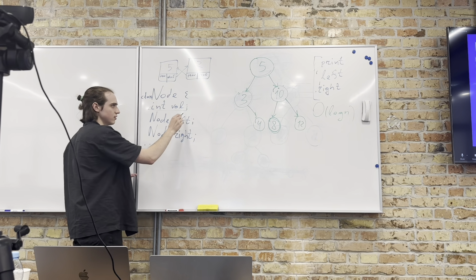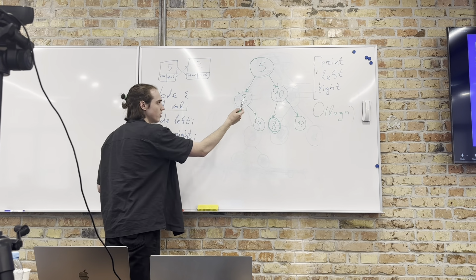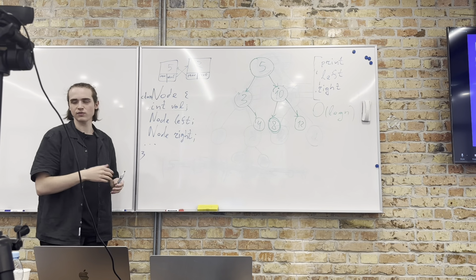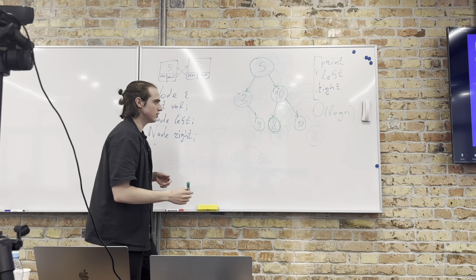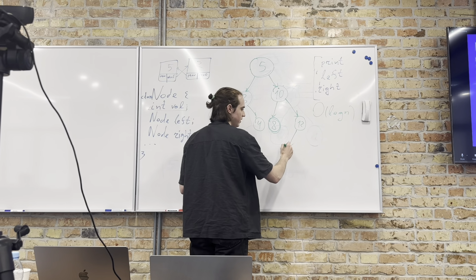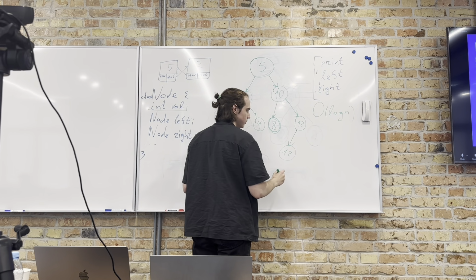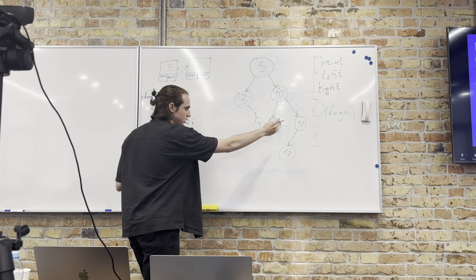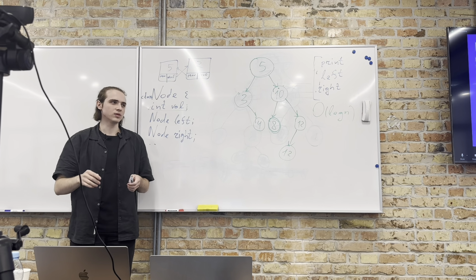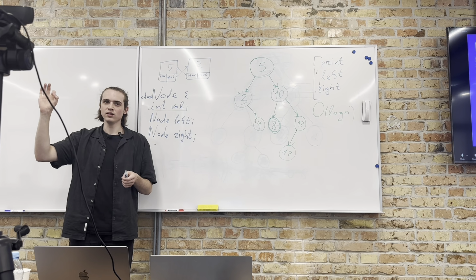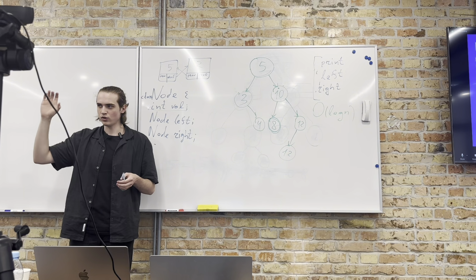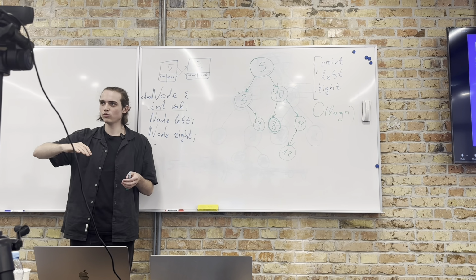If in our node we have other information besides the key we store, then we can decide for ourselves. For example, we can say that all equal elements go to the left side. It's like the basic rule that if our new element is less than or equal to our current element, it goes to the left.